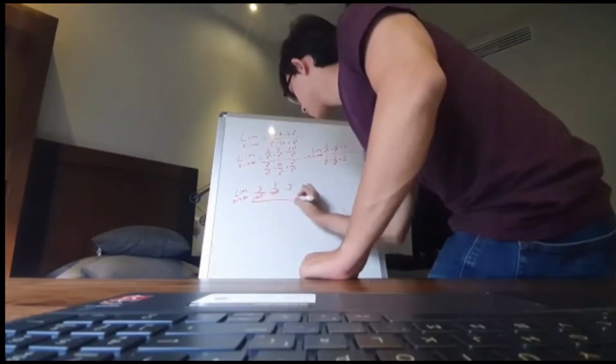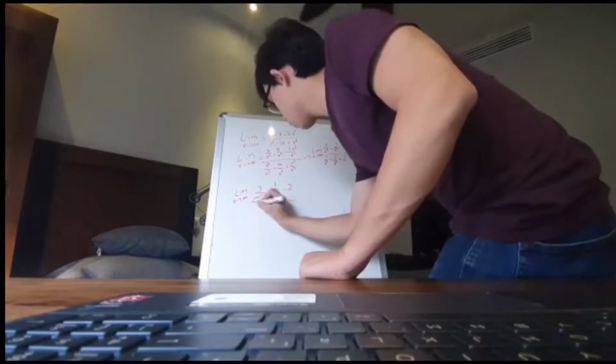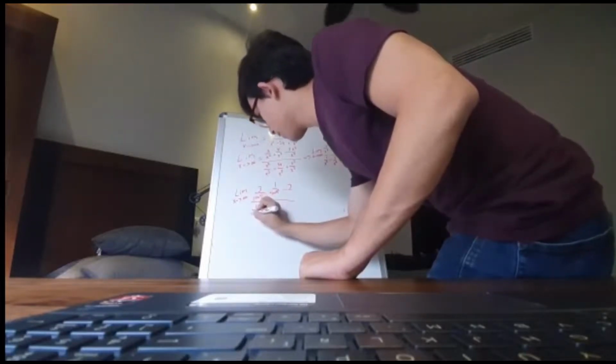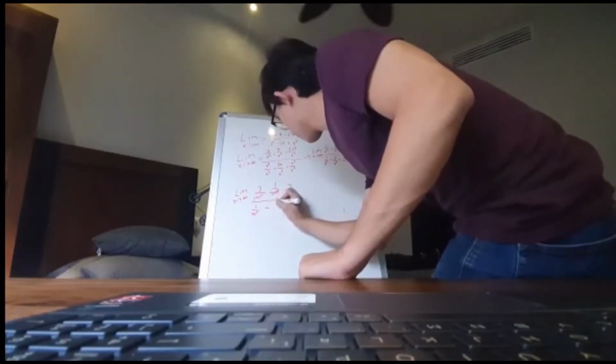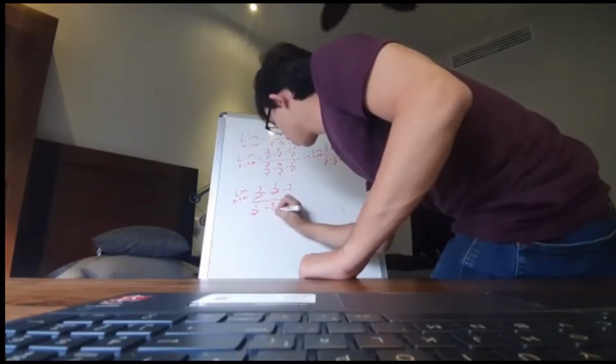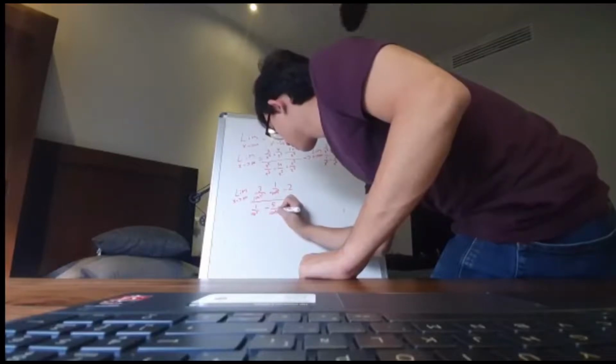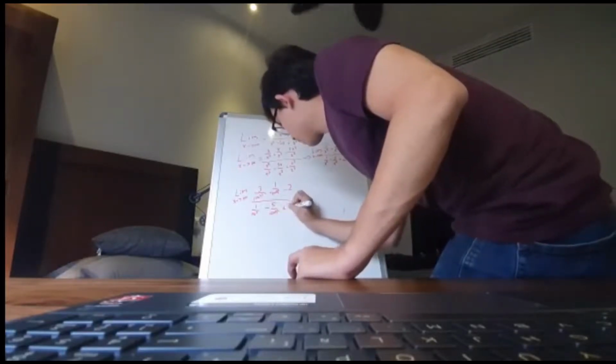We do the same thing for the bottom, which is 1 over infinite to the second power minus 5 over infinite to the second power plus 1.